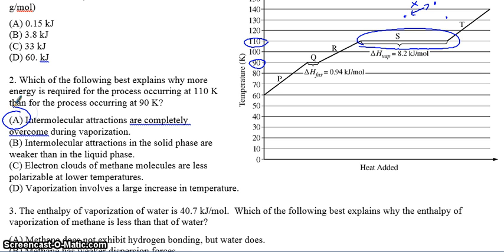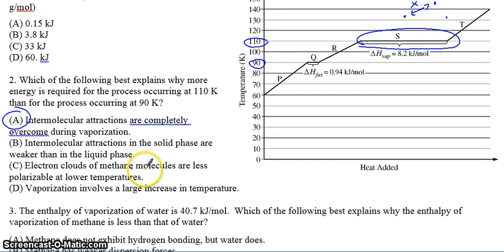So A is best. B says intermolecular attractions in the solid phase are weaker than in the liquid phase. Although it sounds like it's true, it is not. Both in the solid and in the liquid phase, there are intermolecular attractions, and the attractive forces between molecules are present in both cases to the same extent.